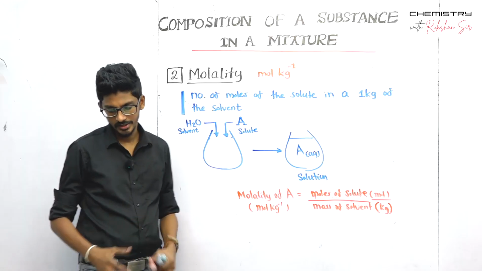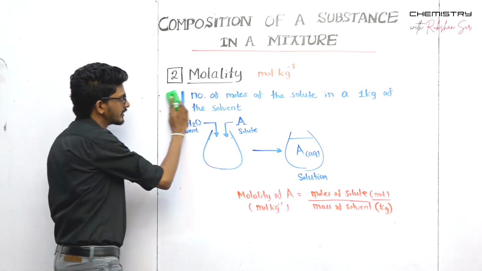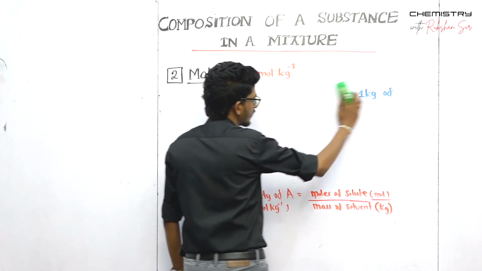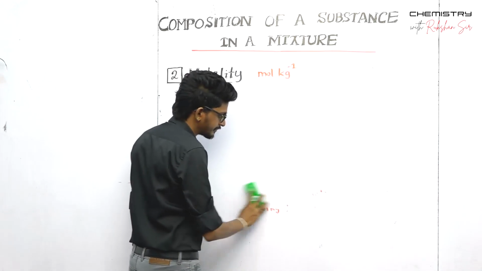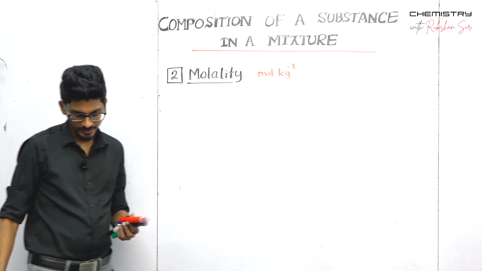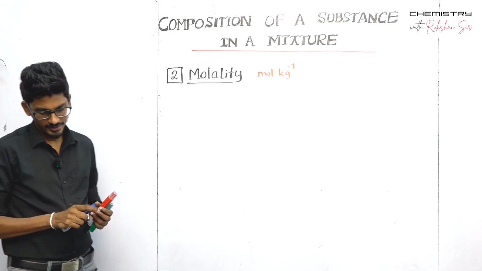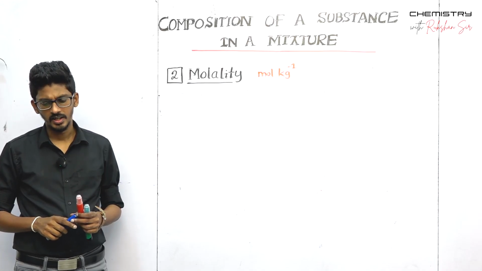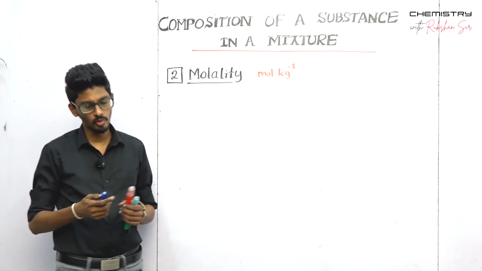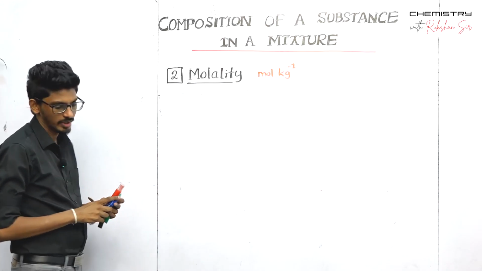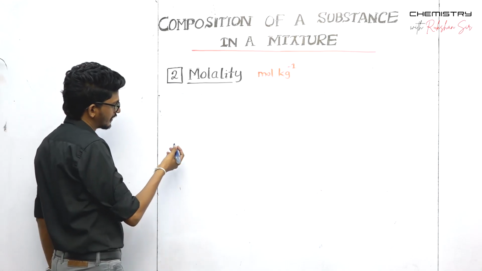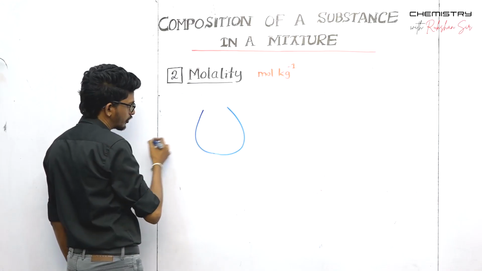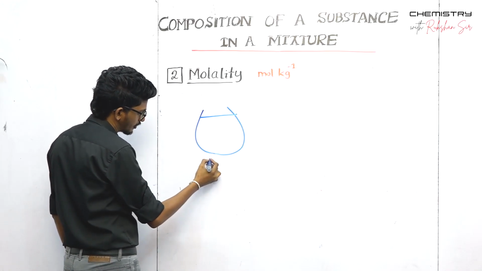Okay, let's do a simple example to get this idea clearly. Say you have a sucrose solution, where 1 kilogram of water is added to 1.25 moles of sucrose. You had prepared a sucrose solution.